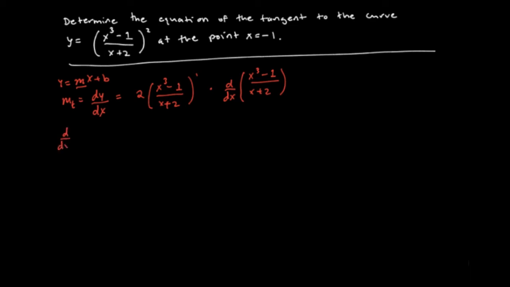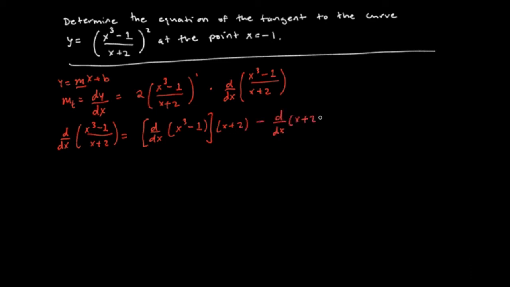And recall that to use the quotient rule, you need to do the derivative of the numerator, which is x cubed minus 1, times the denominator, x plus 2, minus the derivative of the denominator, x plus 2, times the numerator, x cubed minus 1, and you're going to divide this by x plus 2 squared.